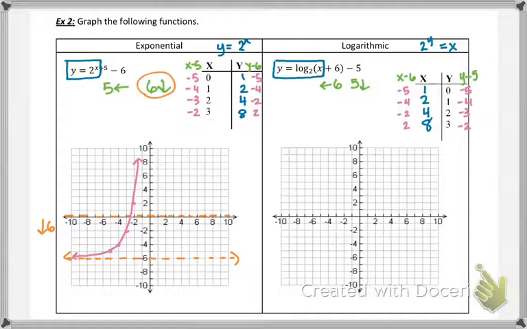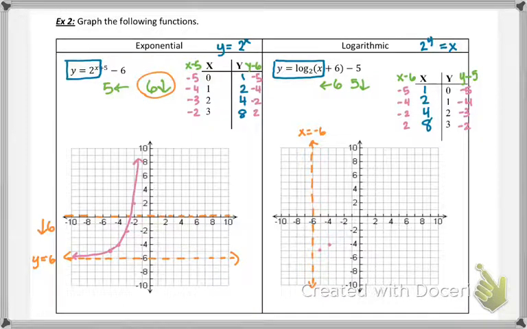And then instead of having a horizontal asymptote at y equals negative 6, because we're swapping the x's and y's, now I'm going to have a vertical asymptote at x equals negative 6. This is the vertical invisible line that my graph is not going to cross over. And so then we can just graph. Negative 5, negative 5. Negative 4, negative 4.